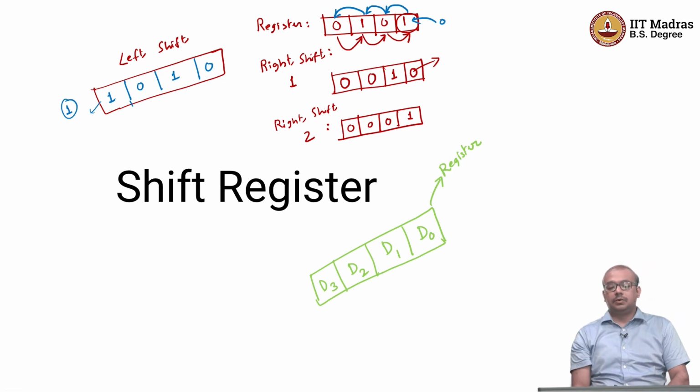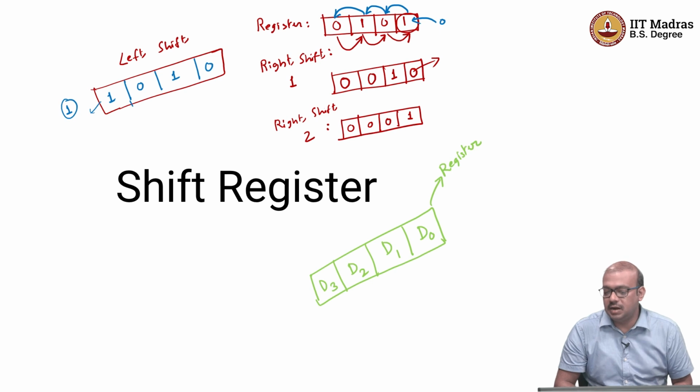Okay, so there are many interesting applications of this shifting, why these shifts are required. One common application in our computer's processor is that it's a very easy way to divide or multiply by 2.